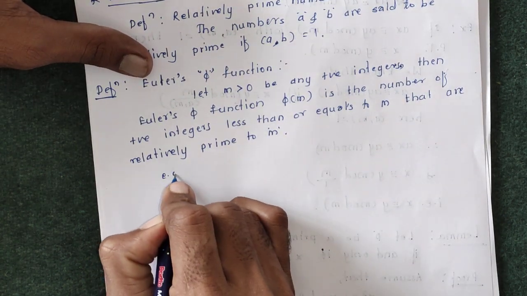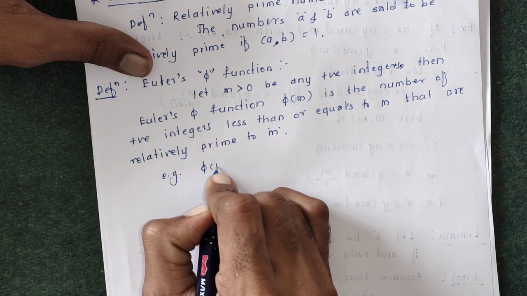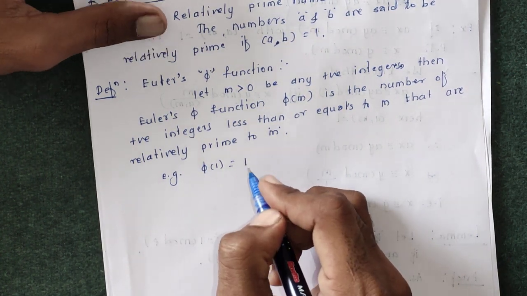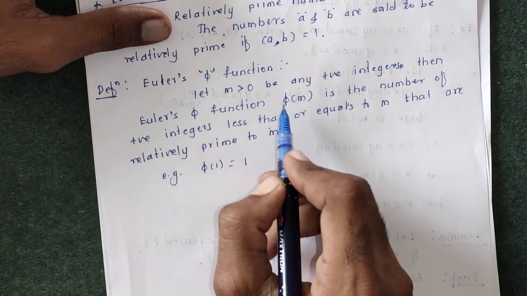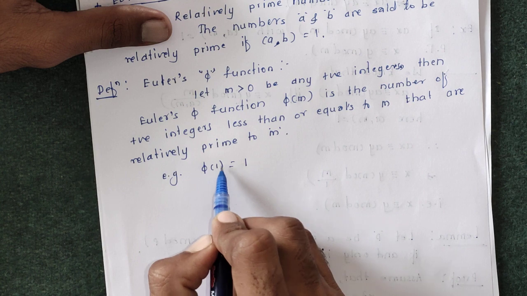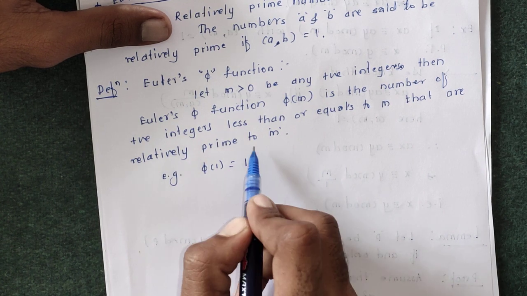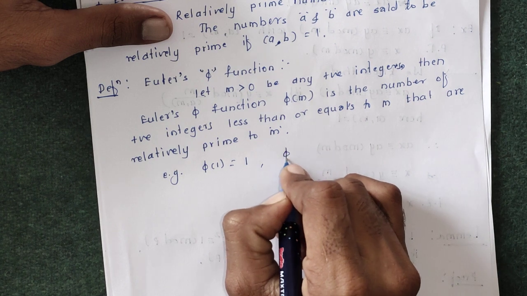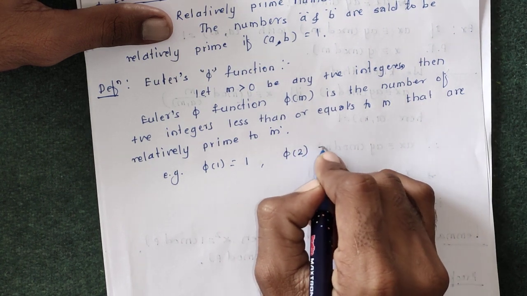For example, phi of 1 is equal to 1, since 1 is relatively prime to itself. We must find the positive integers less than or equal to m. Here m is equal to 1, so the positive integer less than or equal to 1 is 1. Now suppose phi of 2.